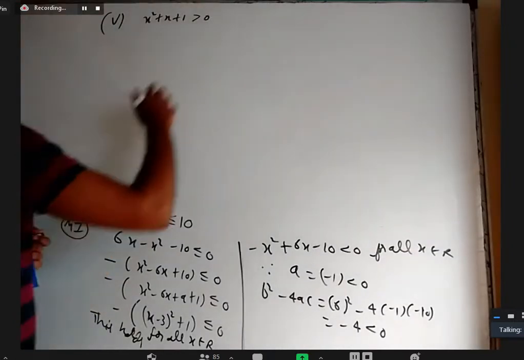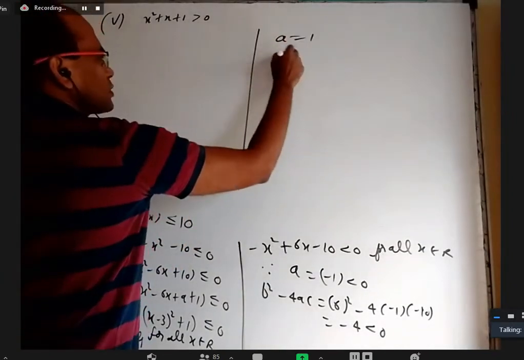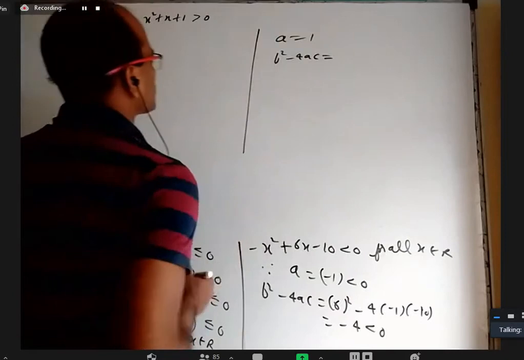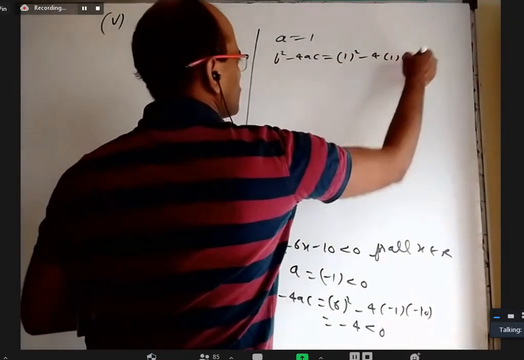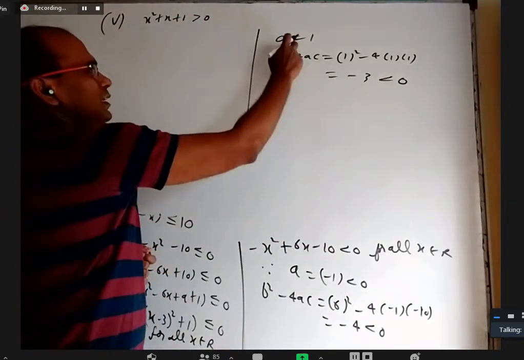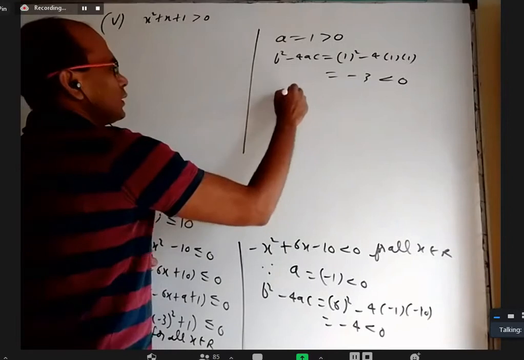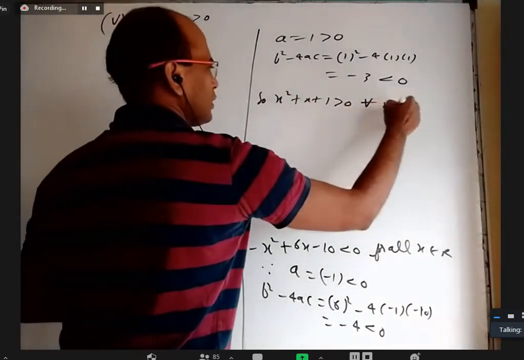Again, a is positive, b square minus 4ac is equal to 1 whole square minus 4 into 1 into 1, which is minus 3, less than 0. b square minus 4ac is less than 0, but a is positive. So, x square plus x plus 1 is greater than 0 for all x belongs to R.